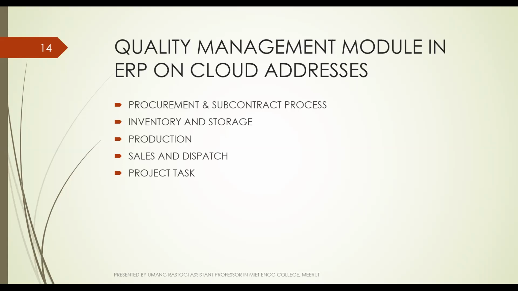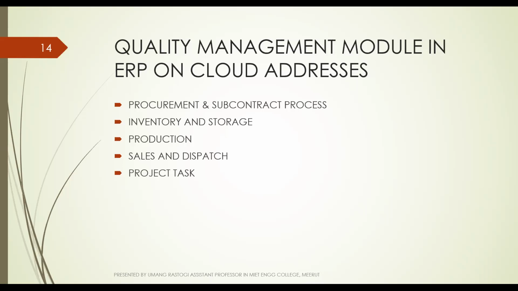Next, inventory and storage. During the storage of materials, a periodic quantity or quality check can be done to assess the quality. Production: during the start of the batch or a new product, or periodically, it would be required to check and record the quality at different stages, based on which action pertaining to rework, recalibration, tool setting, etc. would be undertaken.